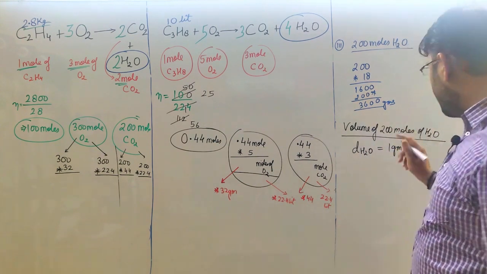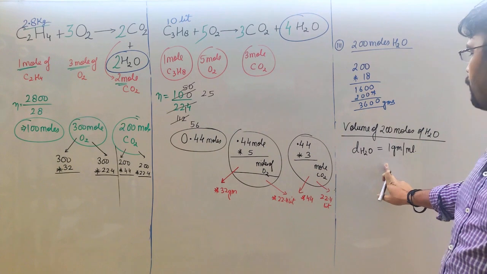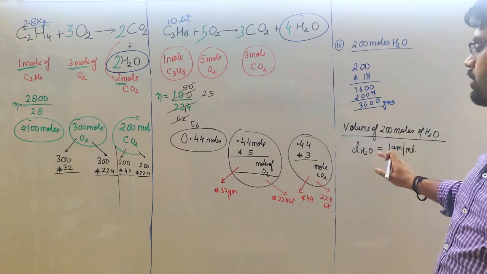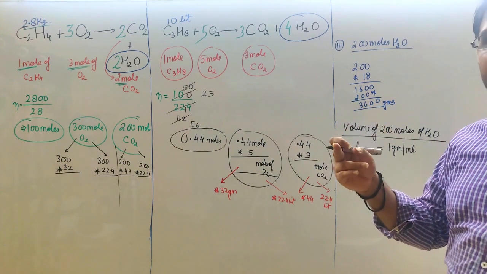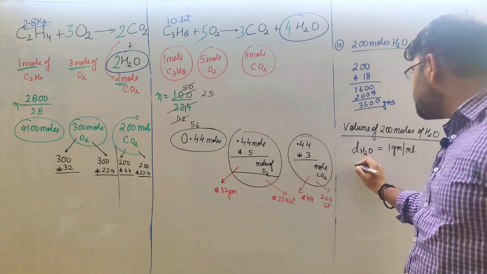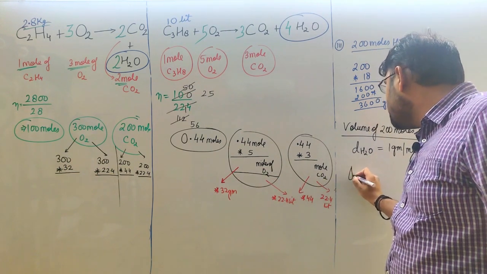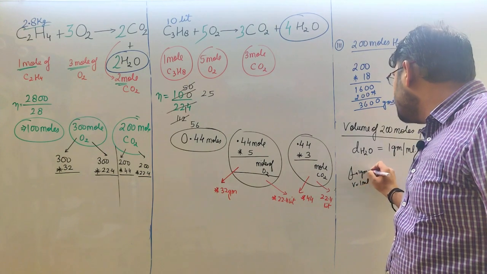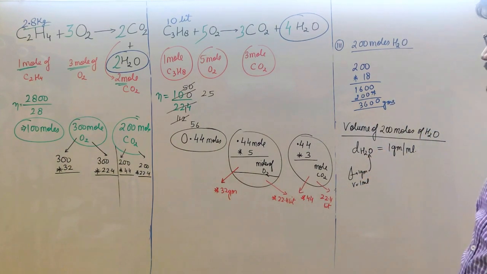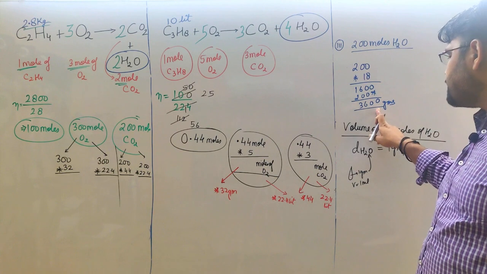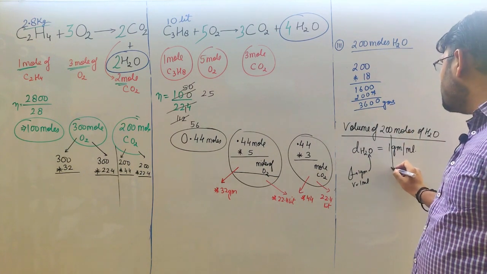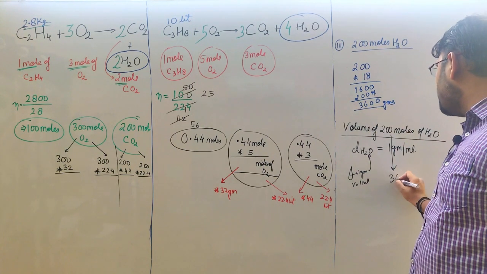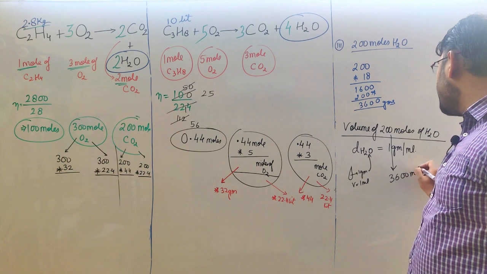That means a 1 ml drop of H2O weighs 1 gram. So the volume of 1 gram of H2O will be 1 ml. If its weight is 1 gram, then its volume will be 1 ml. This is the definition of density. So here we have 3600 grams, so the volume of 200 moles of H2O will be 3600 ml only.